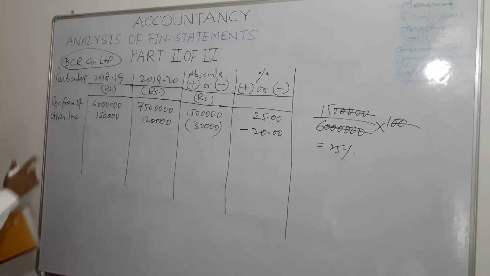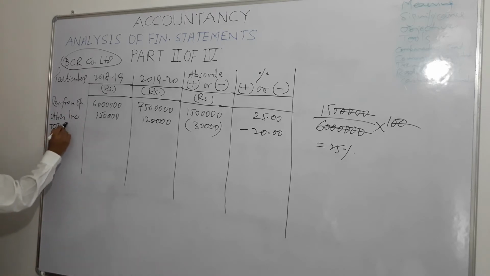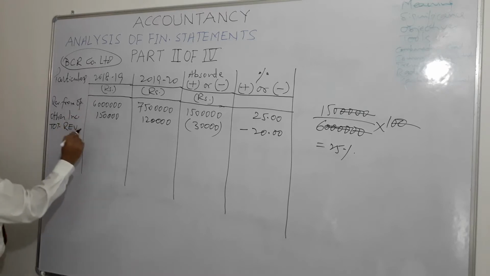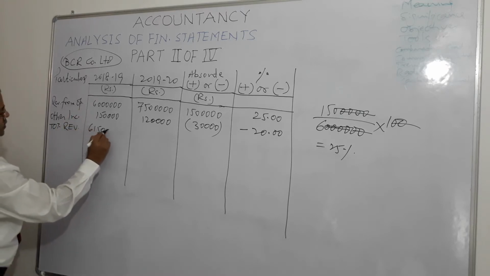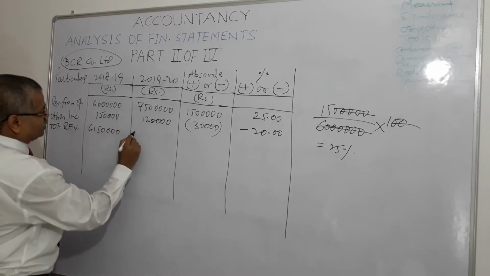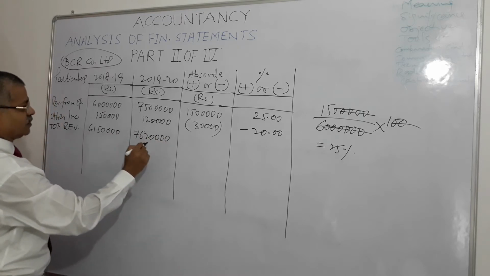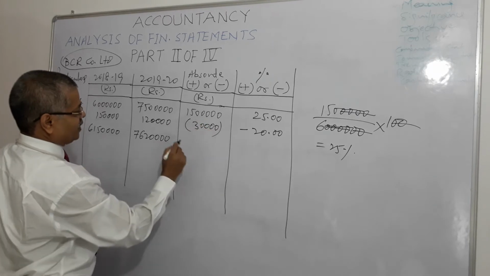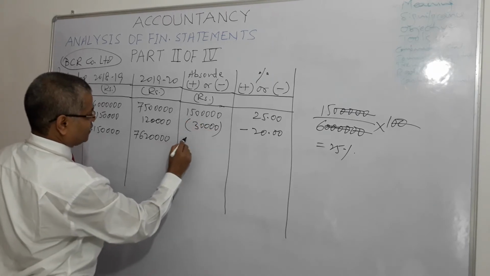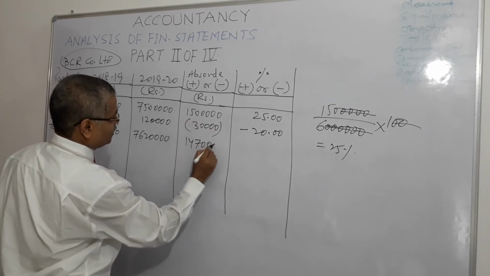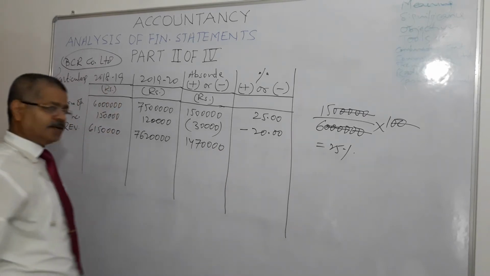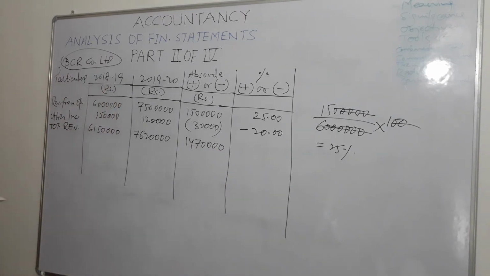Then when we add these, we get total revenue. What is total revenue? 61 lakhs 50,000 and 76 lakhs 20,000, right? The difference is 15 lakhs minus 30,000, 14 lakhs 70,000.